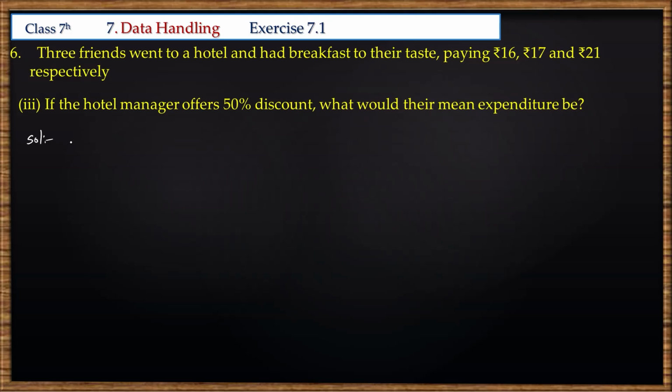Let us solve this problem. If the hotel manager gives 50% discount, then if discount is 50%, then expenditure is equal to 50% of 54 rupees, because total expenditure is 54.